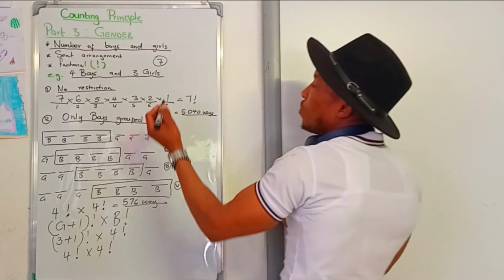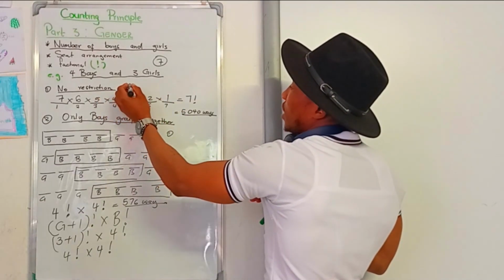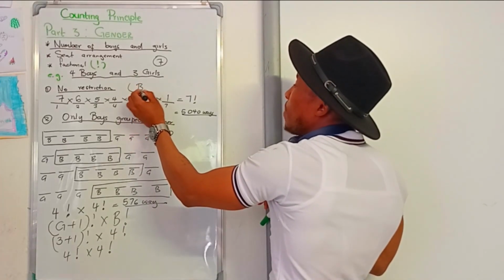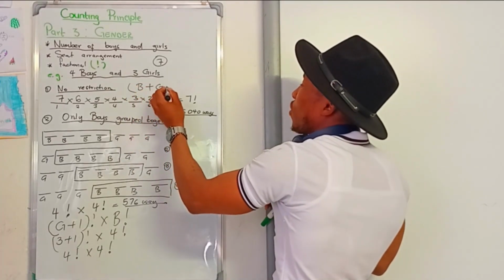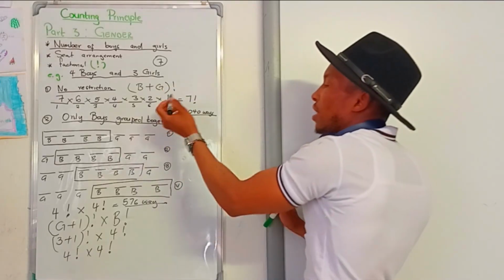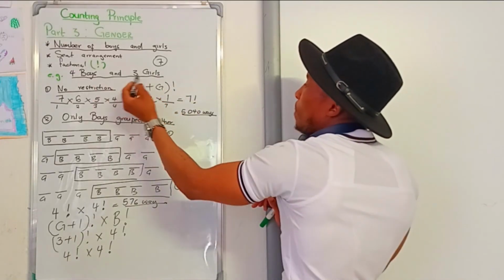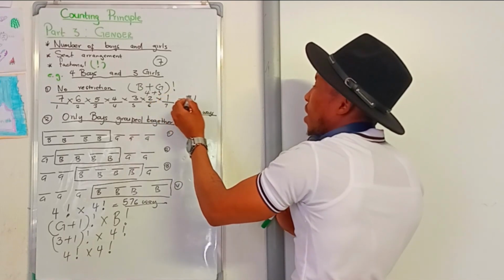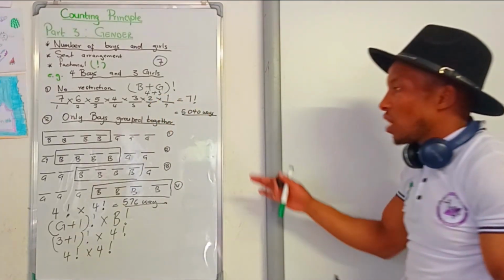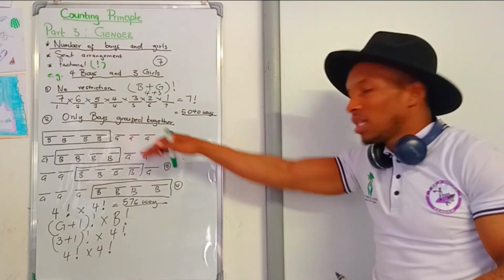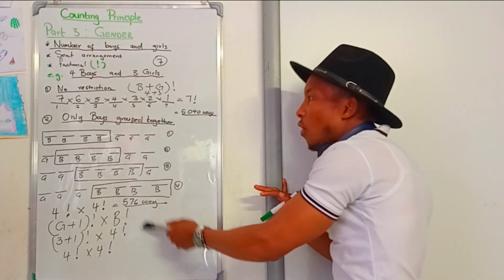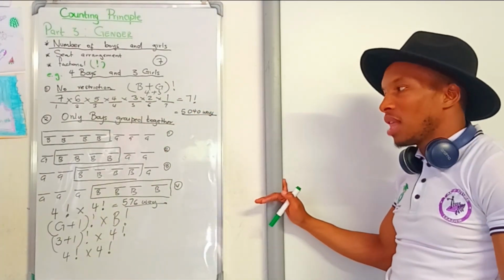As well here, if they say there is no restriction, we're going to say that we have the number of boys plus the number of girls, factorial. Then 4 plus 3 equals 7. Therefore, it's going to be 7 factorial. If you don't want to use this counting principle rule, then we use the formula here on grouping the gender.